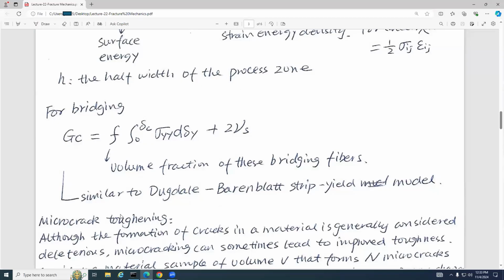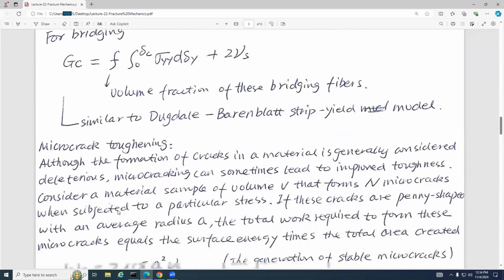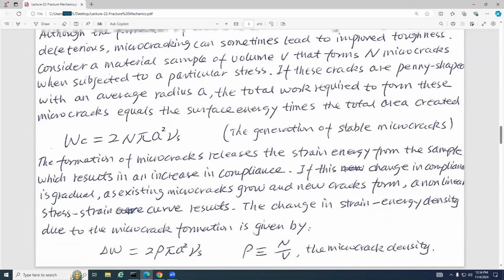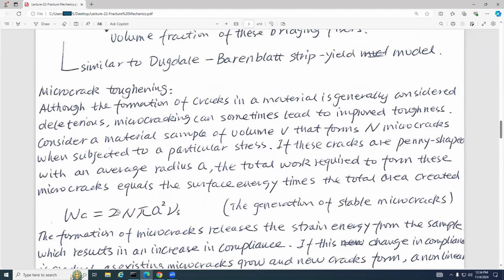And then we go through all these mechanisms. The first one is microcrack toughening. Even though the formation of cracks in a material is generally considered deleterious, that is, detrimental and not desired, microcracking can sometimes lead to improved toughness.